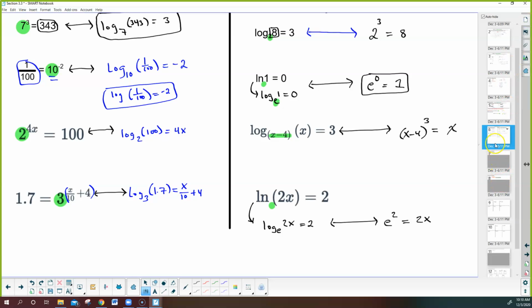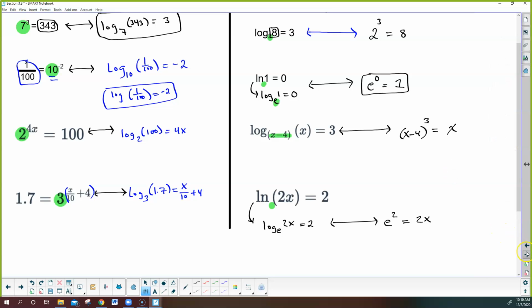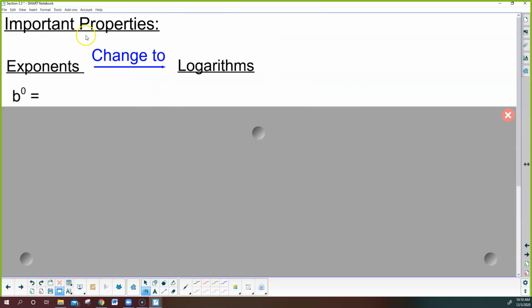Okay, so our goal for the next couple slides then is to introduce some properties. The next two slides are very crucial for your success in calculus as well. So please take really good notes here. We are going to look at some important properties of exponents and then look at how those properties appear as logarithms.